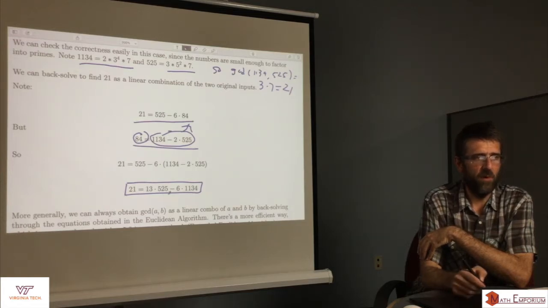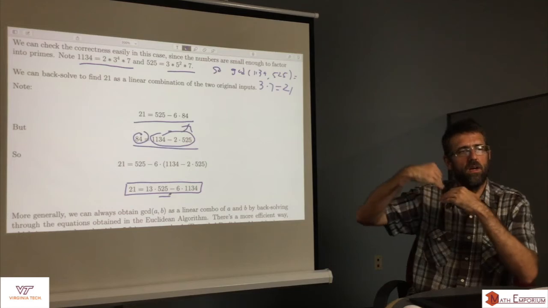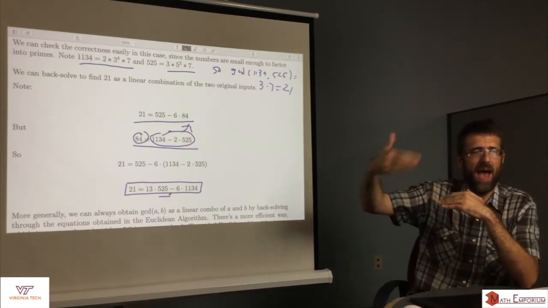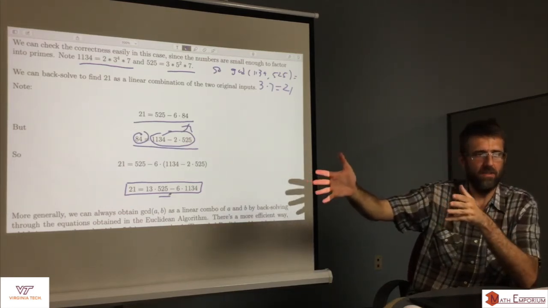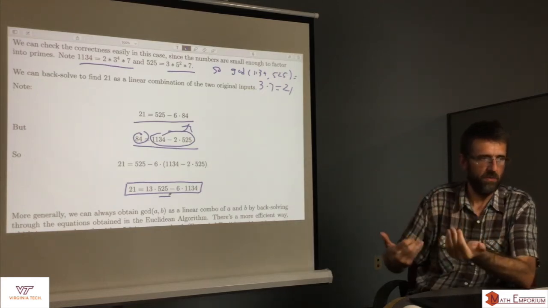Then I could write 525 as a linear combination of 1134 and that something else, and then substitute in for that 525. There's nothing to stop us from continuing to work back through that system of equations, no matter how many equations we needed to use.